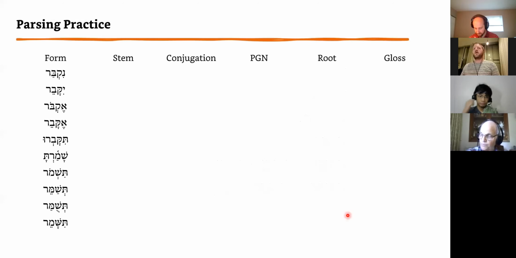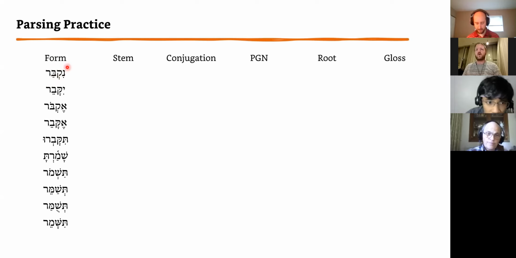Okay, so we're going to look at a few of these verbs and parse them, generally. We're going to look at form, stem, conjugation, person, gender, number, that's like 3ms, the root and gloss. So for example, nikbar. First of all, the patach means it's the past tense, not the participle.